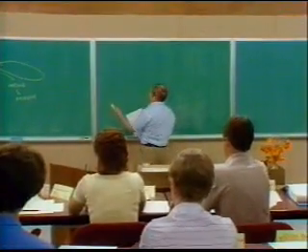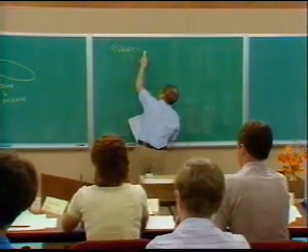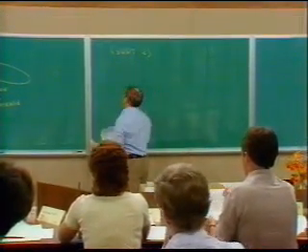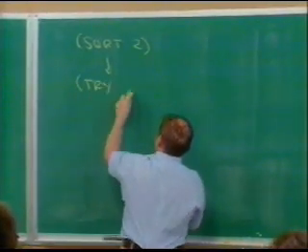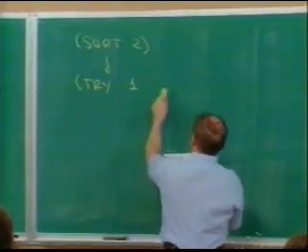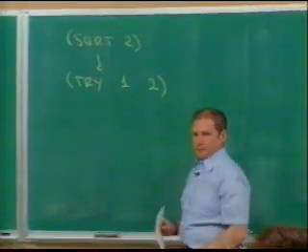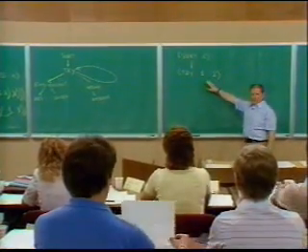Suppose I ask Lisp what the square root of 2 is. Well, what does the square root of 2 mean? That means I try 1 as a guess for the square root of 2. Now I look and say, is 1 a good enough guess for the square root of 2?